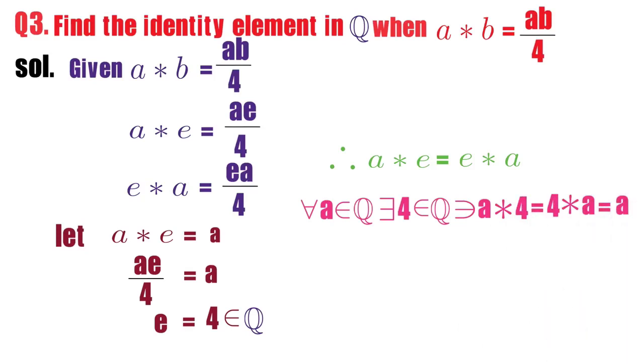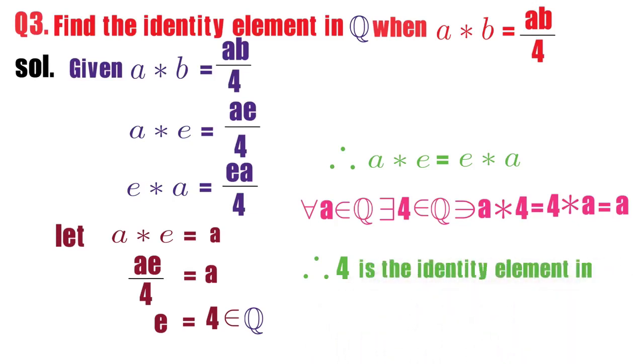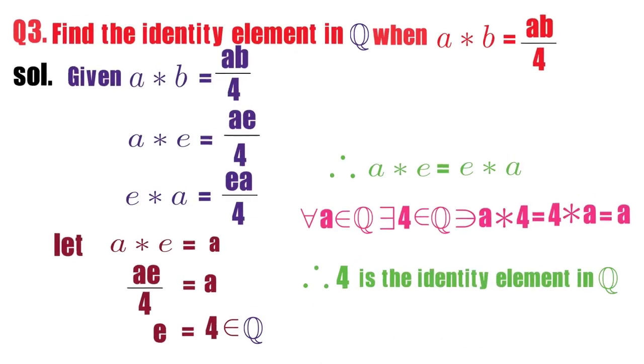Therefore, what can you conclude here? 4 is the element which is a rational number and satisfying the identity law. Therefore, 4 is the identity element in Q when a star b equals ab divided by 4.